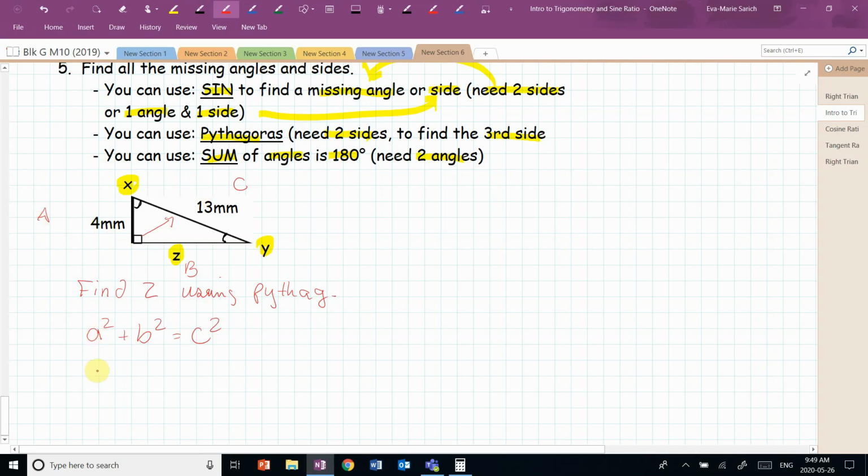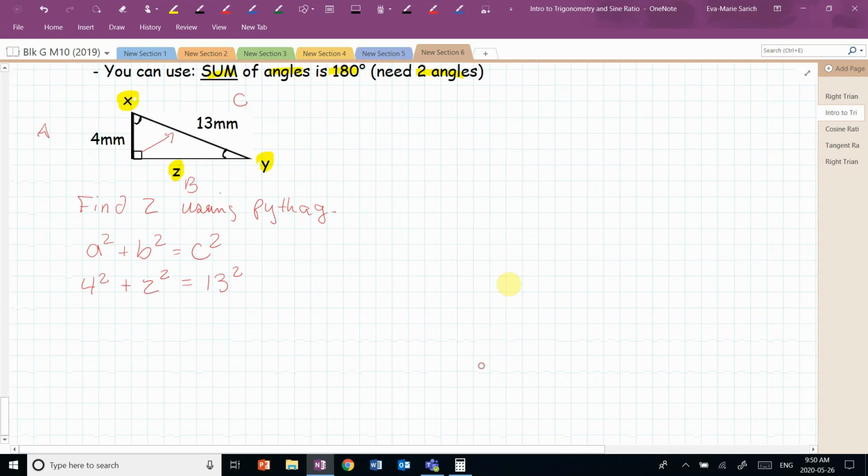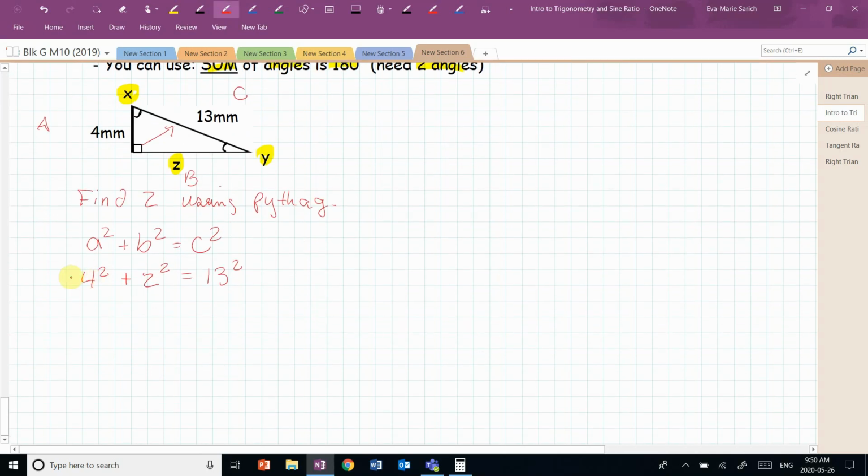So we're just going to simply substitute those into our equation. So A is 4, so that's going to be 4 squared. B is Z, so that's going to be Z squared. And C is 13, so that's going to equal 13 squared. So now we square our numbers. 4 squared gives us 16 plus Z squared is equal to 13 squared, which gives us 169. Okay. And now we need to get Z all by itself.